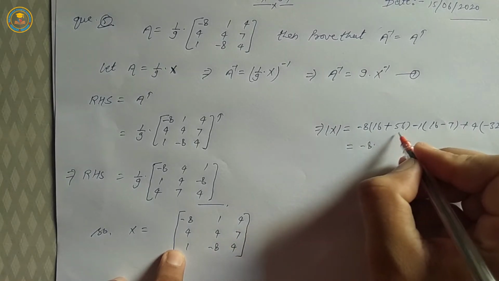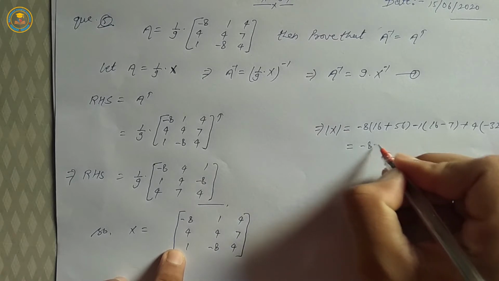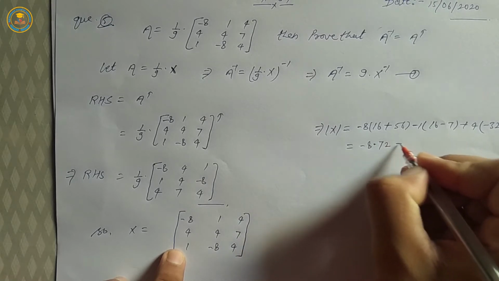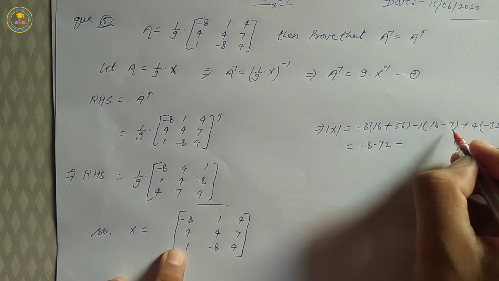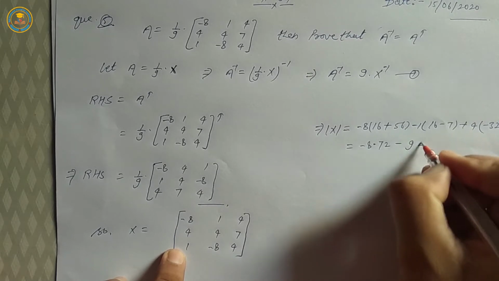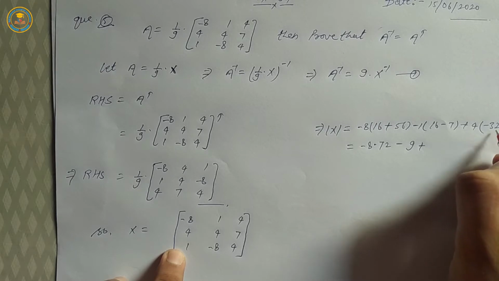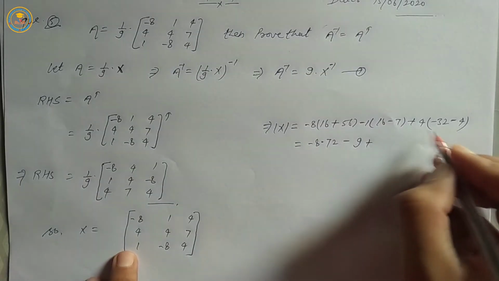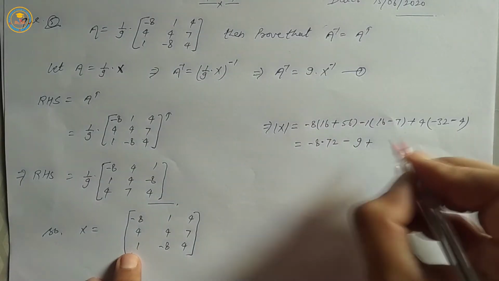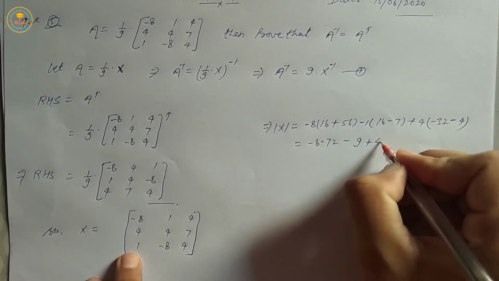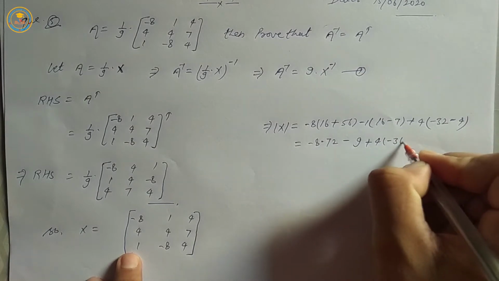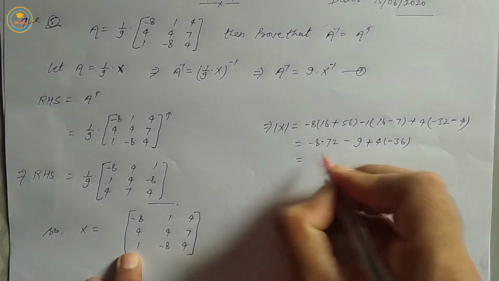Minus 8 into 72, minus 9, plus 4 into minus 36.